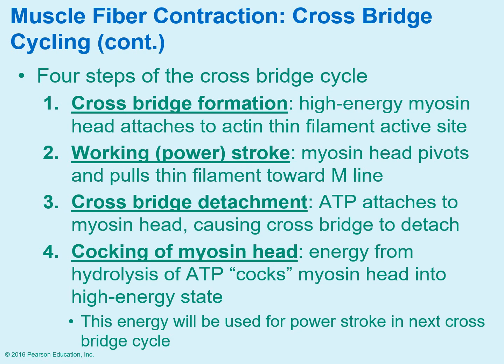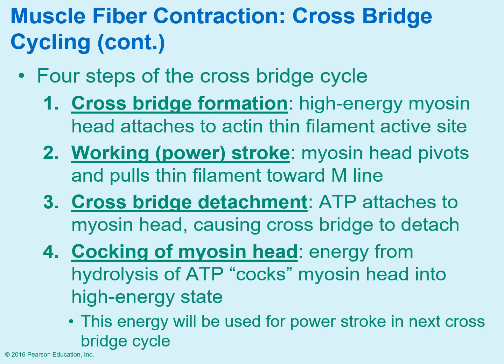So there are 4 steps of what we call the cross bridge cycle. You have to attach that myosin head to the actin, to that active site. That's the cross bridge formation. Then you have what's known as a working or a power stroke. That myosin head is going to pivot, and it's going to pull that actin filament towards the M line. So it attaches, and there's going to be a stroke.